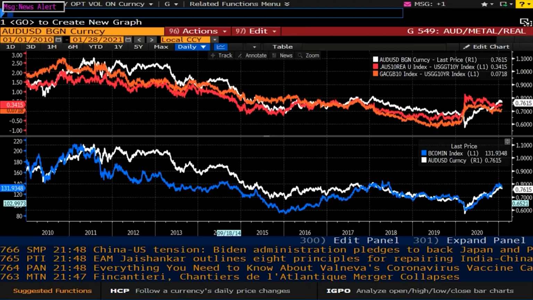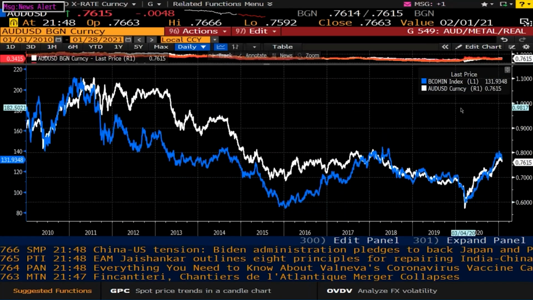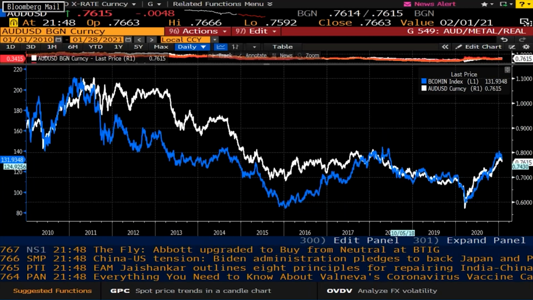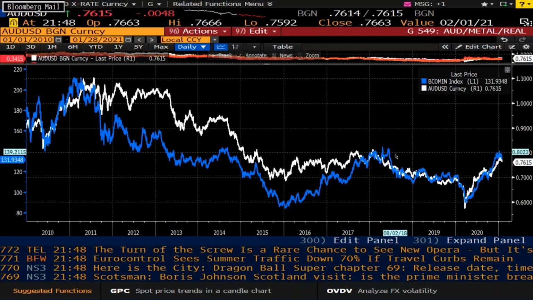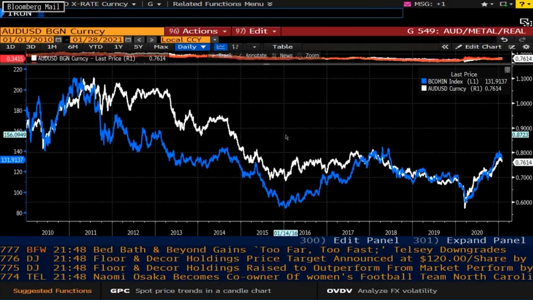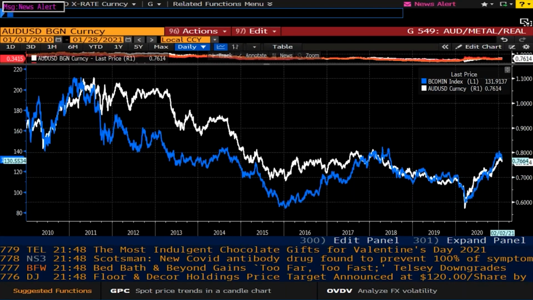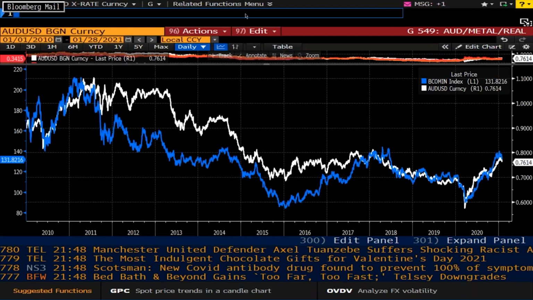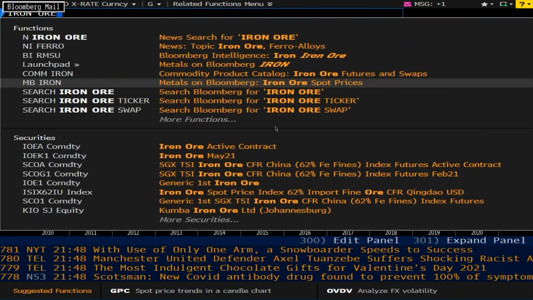As you can see in this lower pane, the Australian dollar's correlation with the Bloomberg Commodities Index, which is heavily weighted towards industrial metals, and certainly iron ore is very strong indeed. We're looking at the Aussie dollar as a proxy of what's happening in its biggest commodity, which makes a lot of sense, right? 35% of our exports go to China, a large portion of those is iron ore. Iron ore's done incredibly well. Aussie dollar's benefited from that.